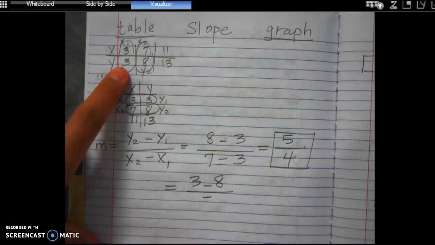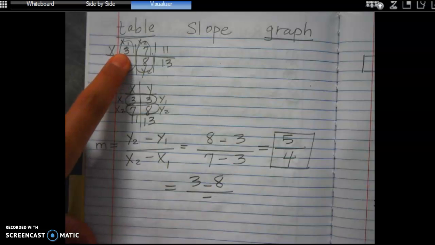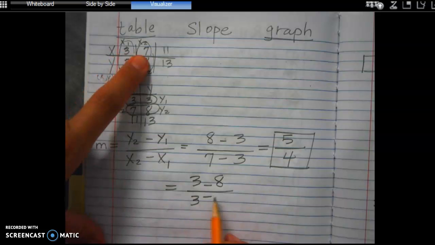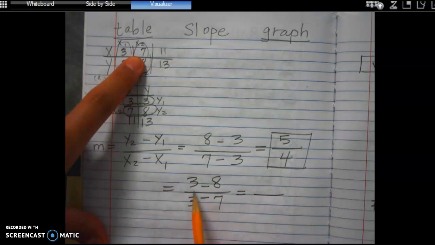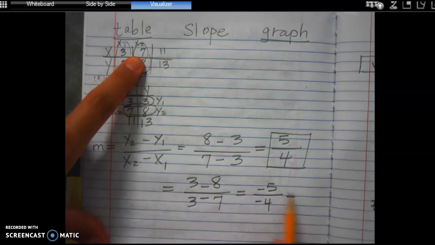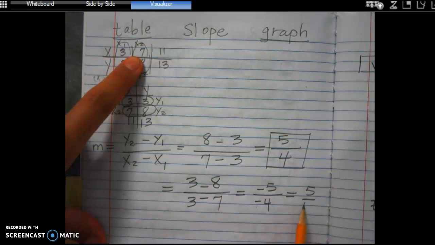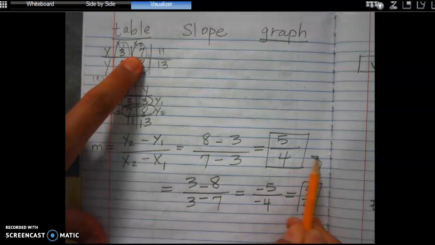But if I start with 3, that means I have to start with 3 on the x, right, first. So 3 minus 7. Okay, so if I subtract along the top, 3 minus 8, I get a negative 5. Divided by 3 minus 7 is a negative 4. This can be simplified because it's negative divided by negative. So I get a positive 5/4, which is the same slope that we had gotten up here.